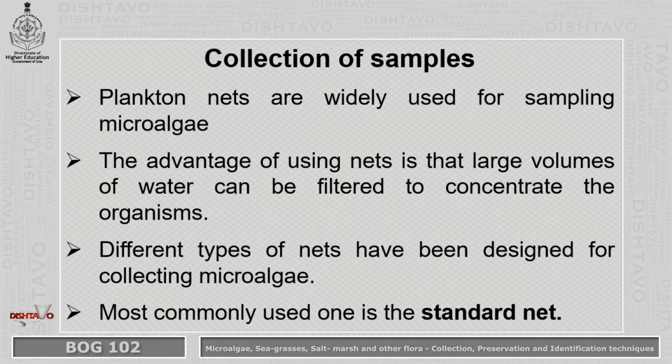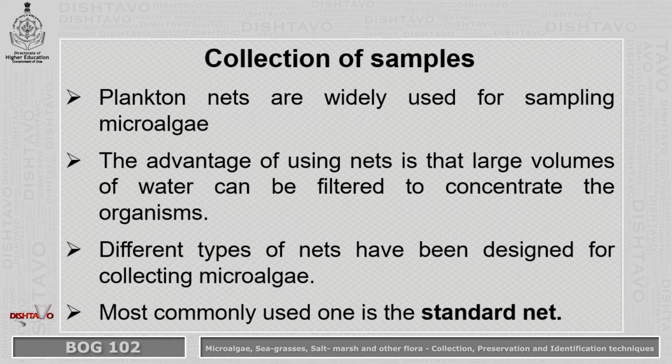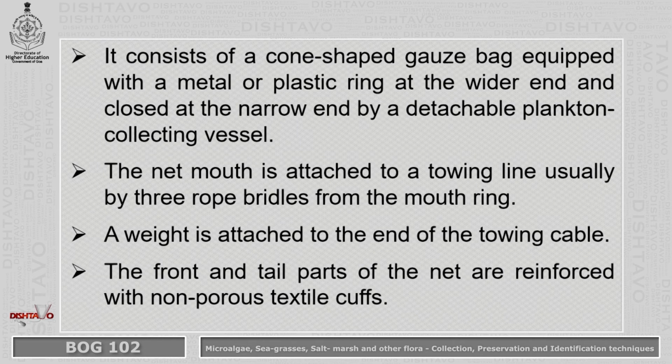These plankton nets are conical structures with a net size of 20 microns. Standard size is 20 micron. The size can be varied based on the target organism, but the nets are towed through the water, and the sediments which are collected inside the net are used for isolation of microalgae.